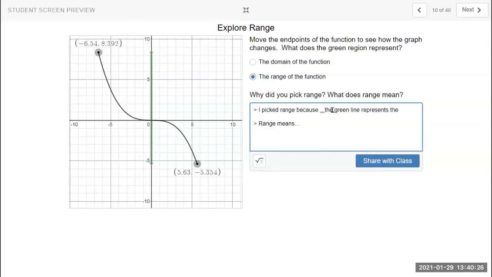The reason I picked range is because the green line represents, again, you could say, the up and down spread of the graph. I'm going to say all of the y values that are graphed.